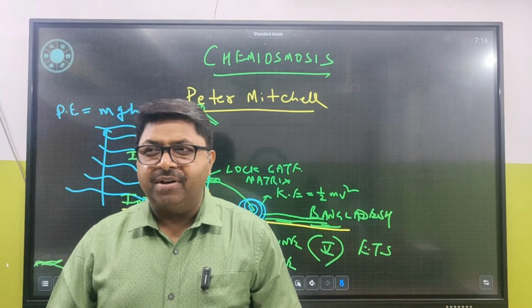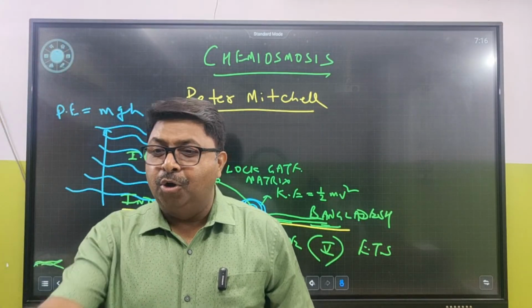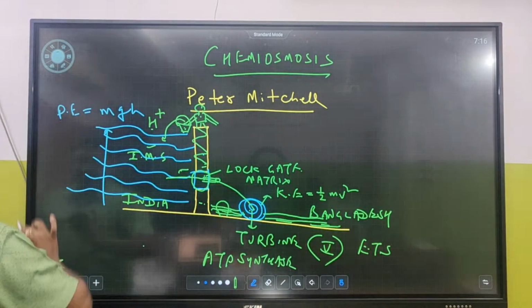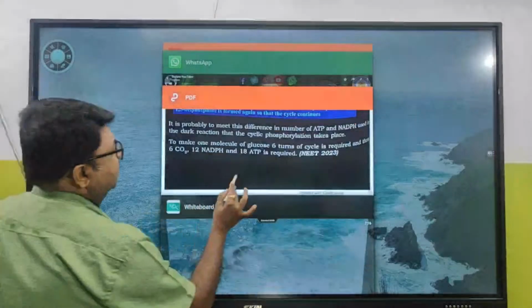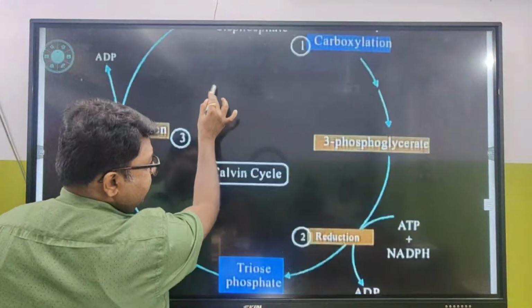Same thing, this is in mitochondria, right? The same thing you can find in the chloroplast. Go to the granum. That figure that I just now have shown you, under chemiosmosis. See?